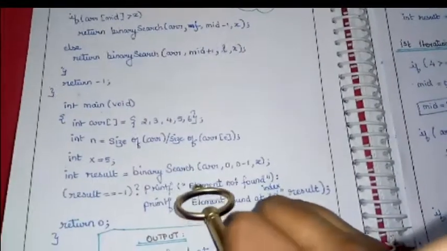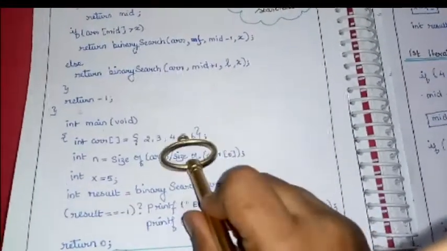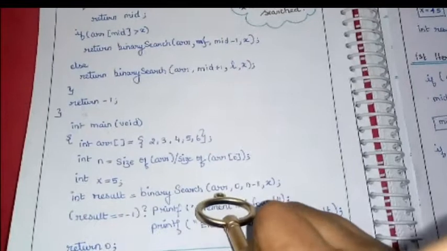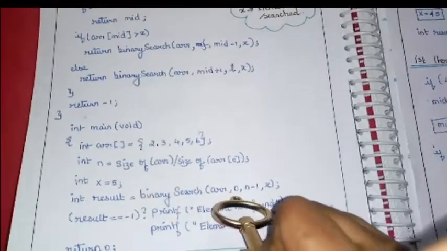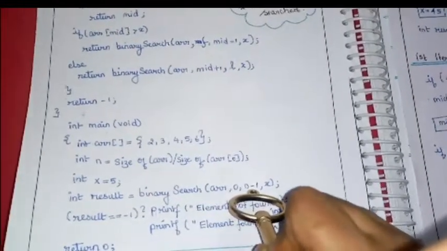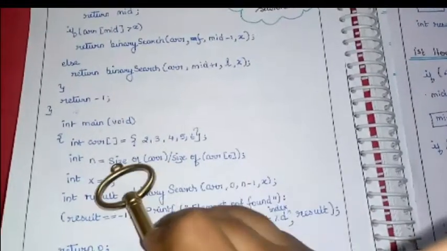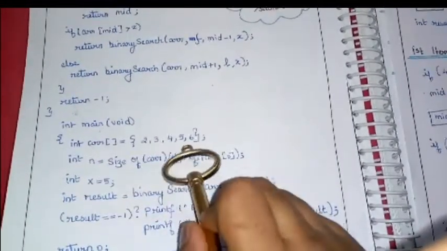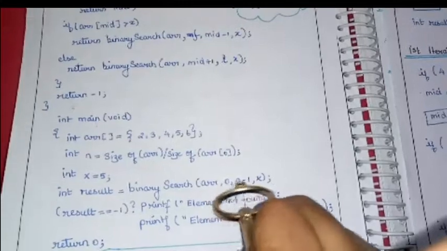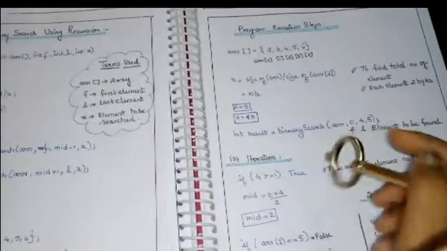So we'll see what is an array. Array is nothing but this part will be placed here. 0, n minus 1. What is n here? 5. Yeah, 5 minus 1, which is 4, and this is x, my search element. So after replacing this, it will be like this.